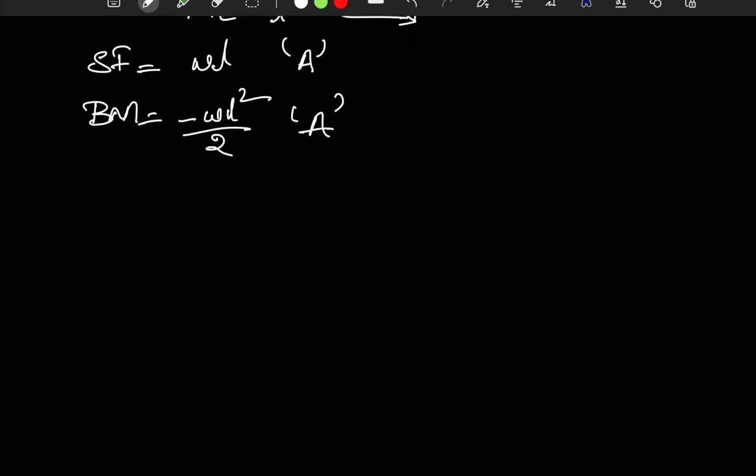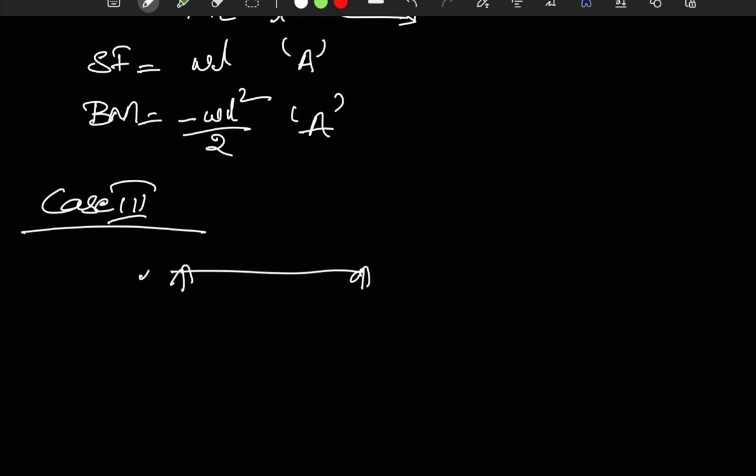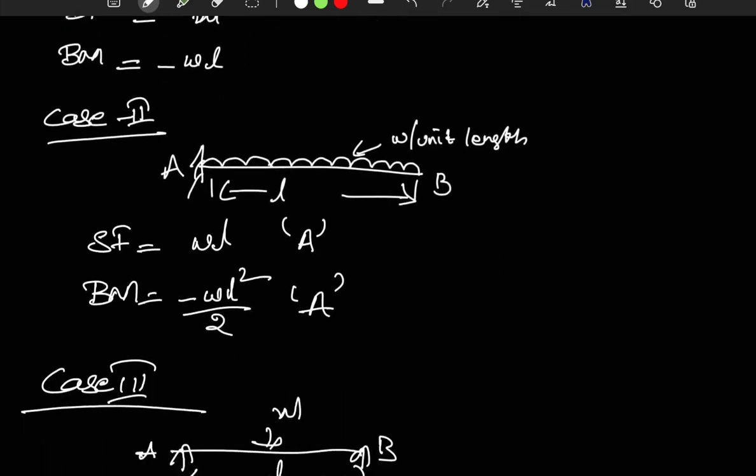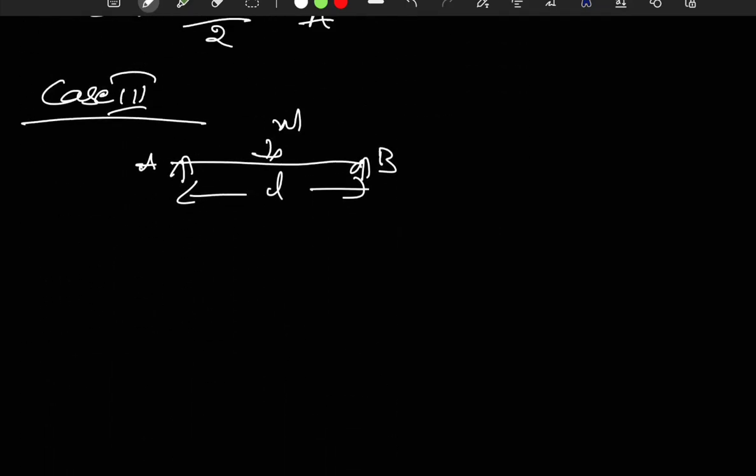Case 3: simply supported beam, A and B, with a point load. The shear force formula is W by 2.